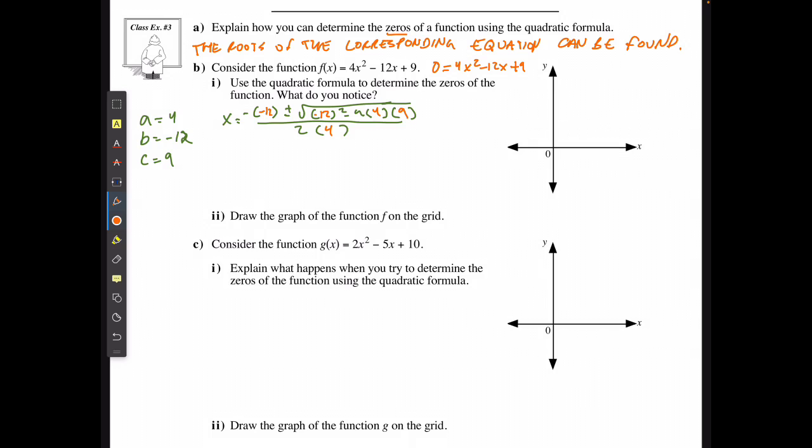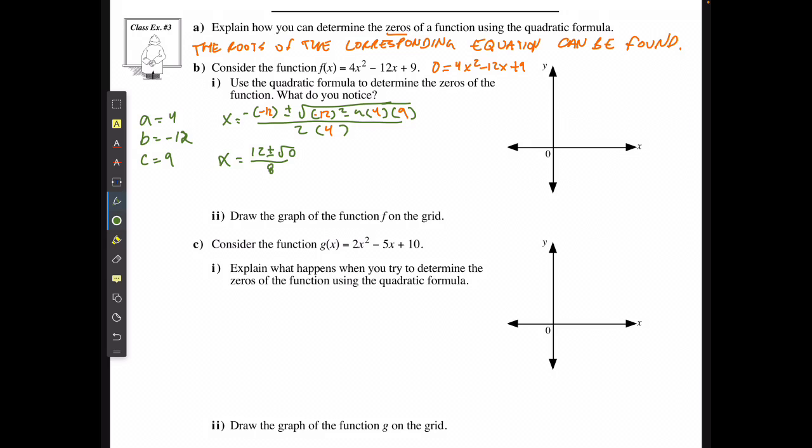I'm going to simplify and get x is equal to 12 plus or minus the square root of 0. What's inside the radical actually cancels out, divided by 8.